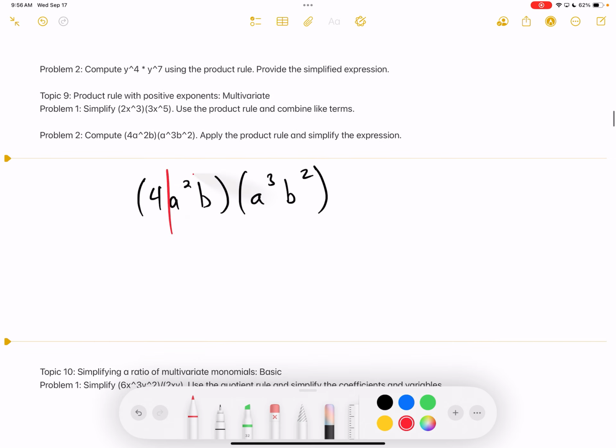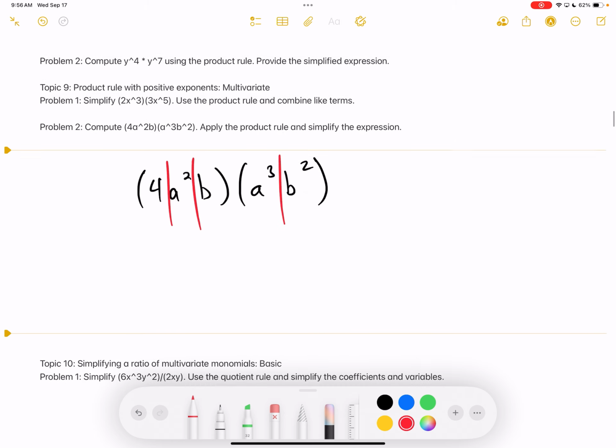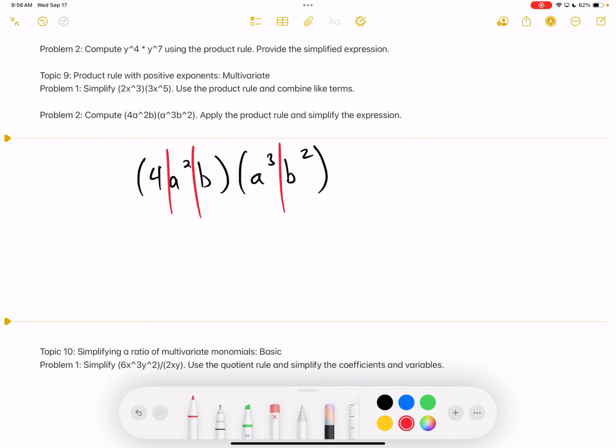So I would look at the numbers and then look at the A's and the B. Well, the right one doesn't have a number, so it's just 4. My A's, I have 2 A's and then 3 A's, so I have 5 A's. On this one, I do have a 1 there. They don't write the exponent of a 1, but I have 1B on the left side. I got 2 more on the right side, so I have 3 total. So just look at each one individually. Look at your numbers, look at your A's, look at your B's.